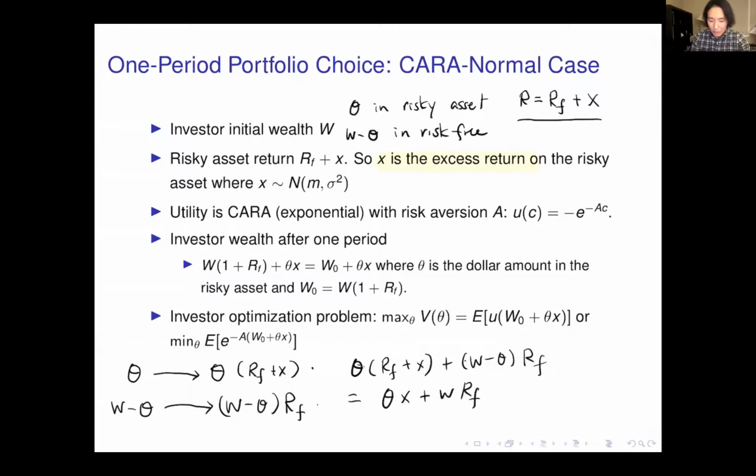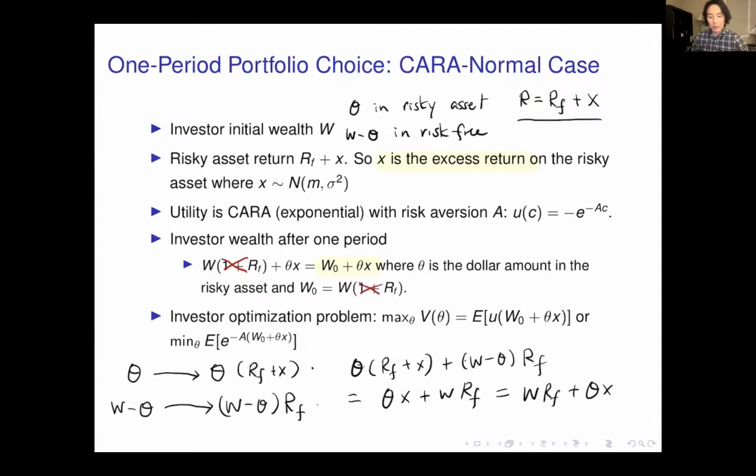So the next period wealth becomes W times RF plus theta times x. Basically it's the same expression as here. And there's actually a typo, meaning there should be no 1 plus alpha here.